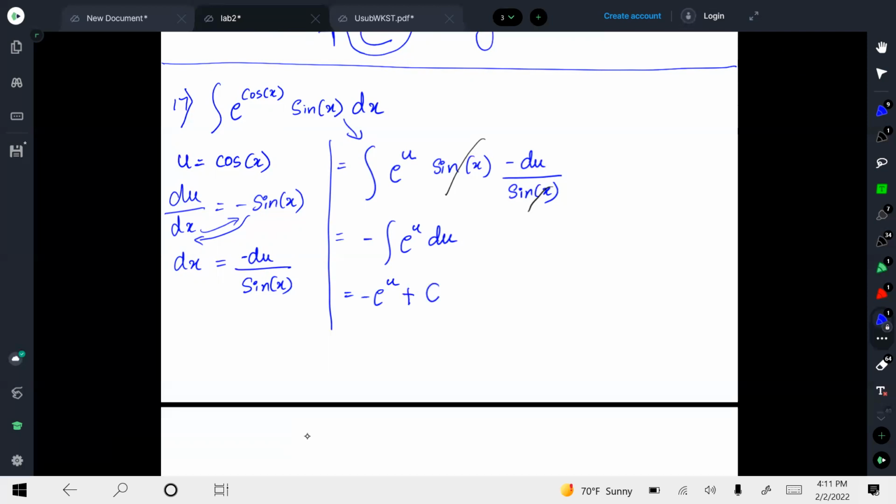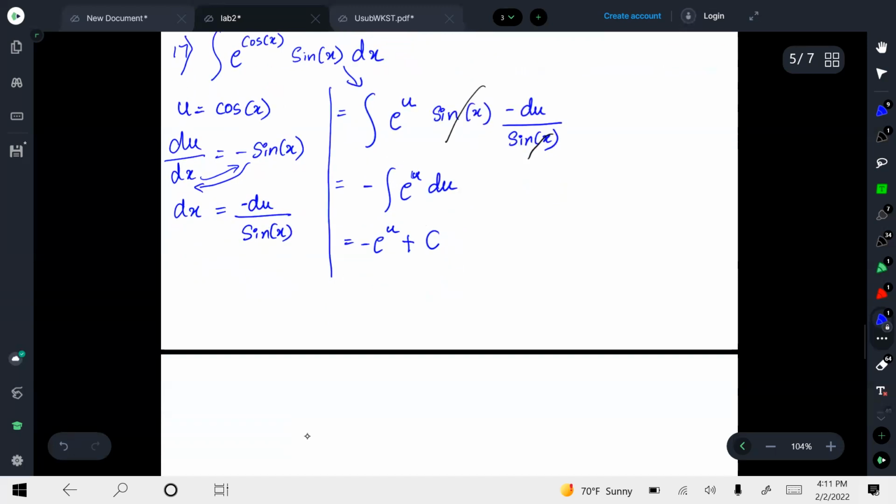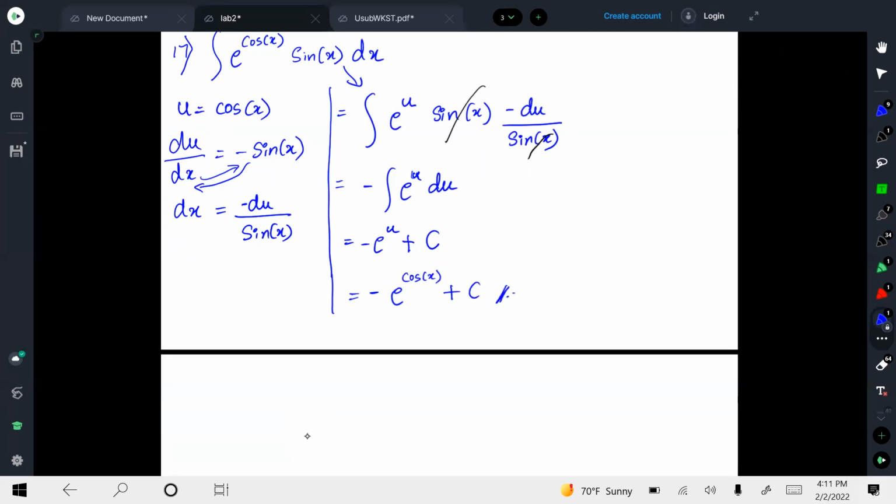So when you remove the integral sign, that means when you apply the integral formula, du will be changed as c. Okay, remember in that way. Okay, now the final step is to substitute the u back. That becomes negative e to the power of cos of x plus c. Okay, that's your 17th answer.